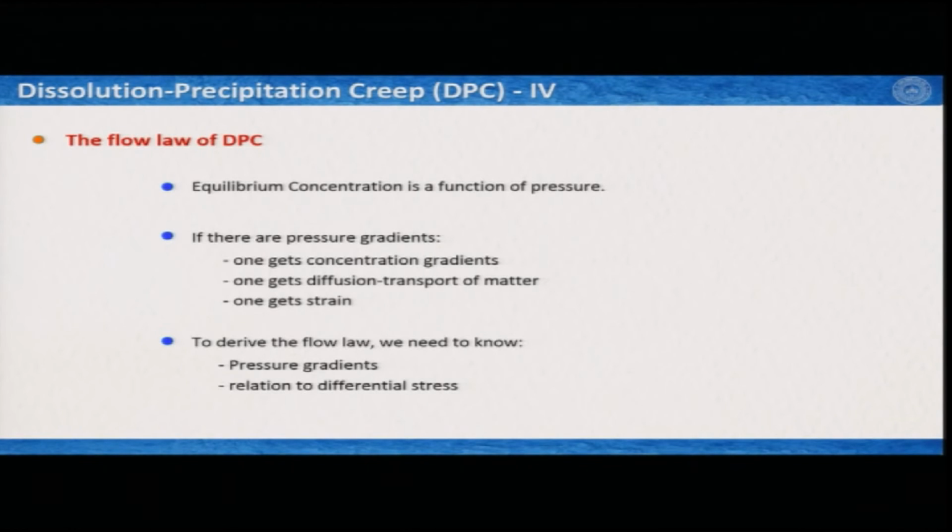We have seen that equilibrium concentration is a function of pressure, and if there are pressure gradients, then you also generate a concentration gradient, and you also generate diffusion transport of matter. And if you move material from one end to another, you change the shape of the block, and therefore you generate strain.